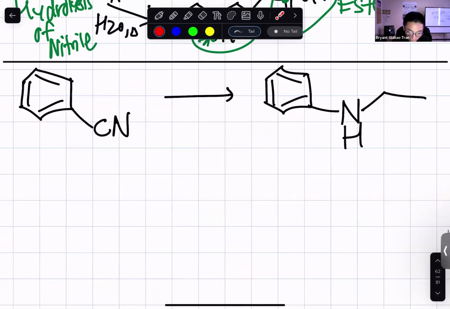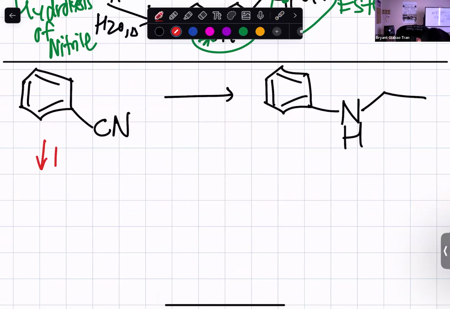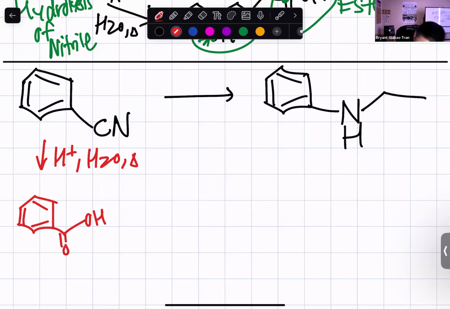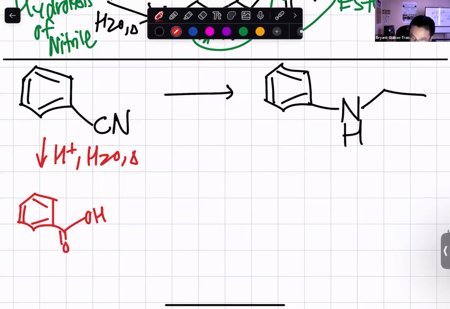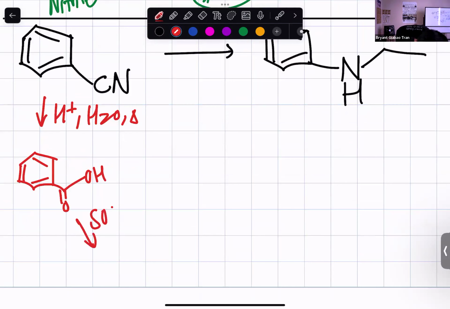Yeah, so we're gonna hydrolyze this nitrile into carboxylic acid using acid, water, and heat. That's the first step, right? The next step, SOCl2, to convert this carboxylic acid into the acyl halide, the most reactive derivative.